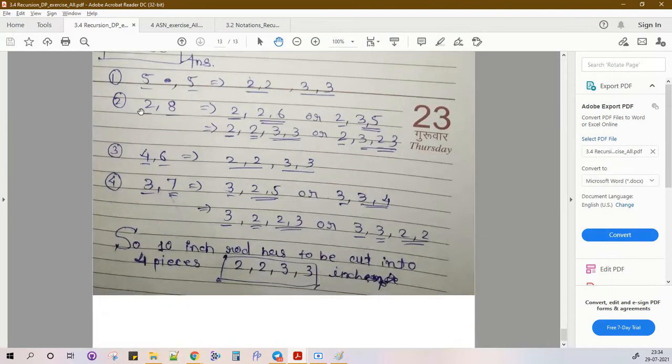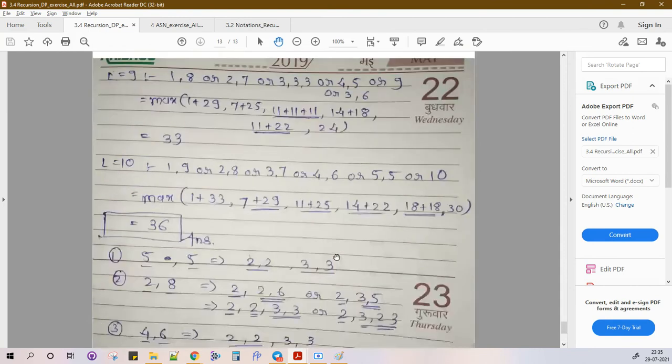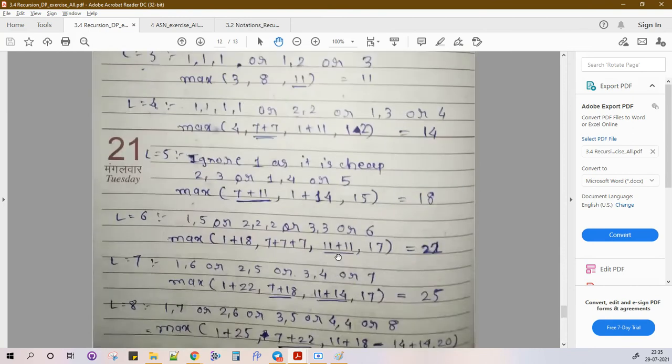Right? 2 and 8, if I divide, I have two possibilities. Again, if I divide, at last I will get the same answer: 2 2 3 3. Correct? So if I cut my rod into these four pieces, I maximize my profit. Maximize my profit. Right? Any questions, guys?